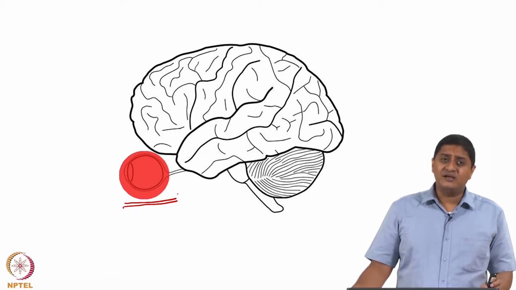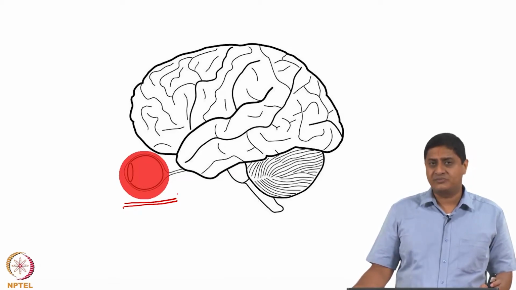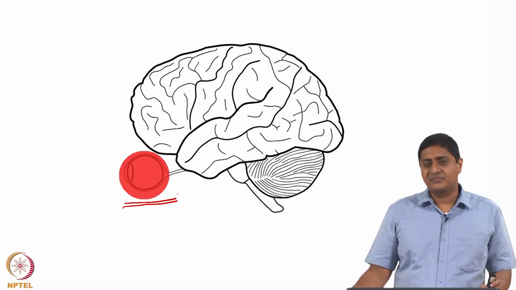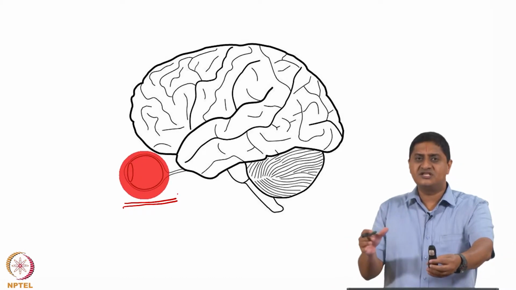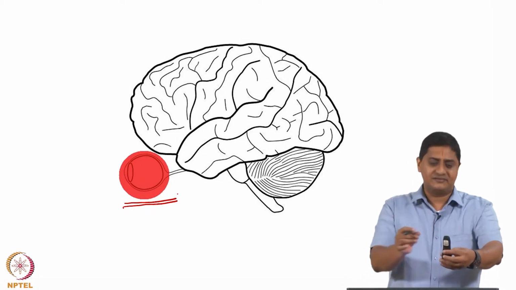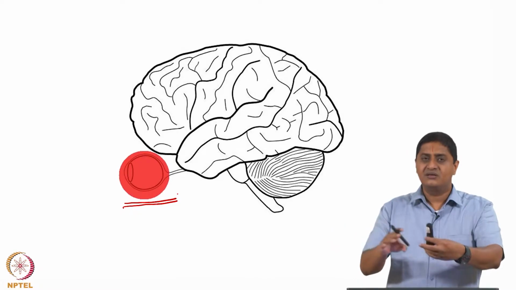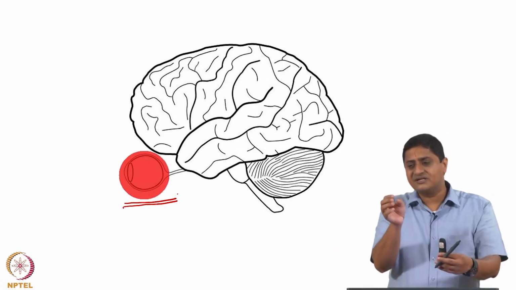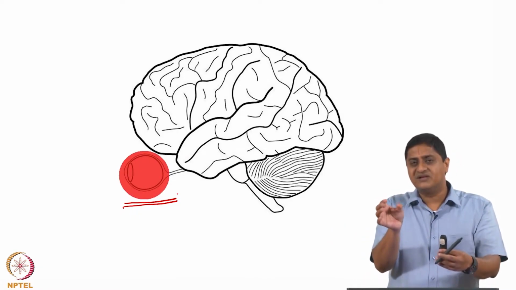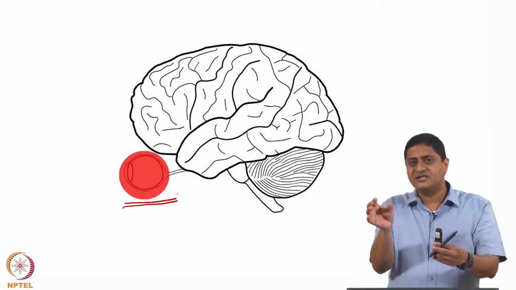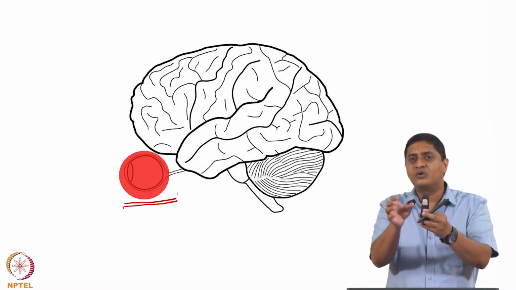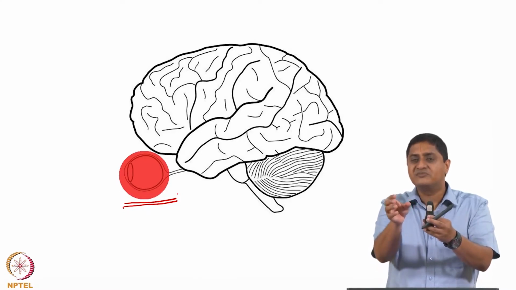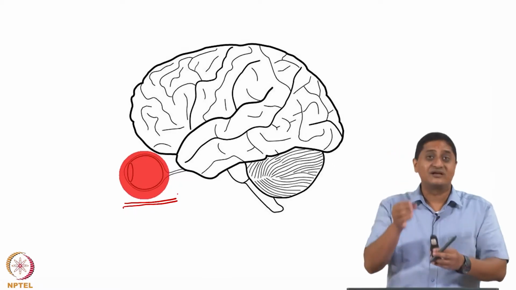Note, grasping by itself is not an independent action. For example, when there is an object that I have to grasp, reaching and grasping are coordinated. As I am reaching, the grip aperture, essentially the distance between the thumb and the fingers, increases as a function of the object size, and as I go closer to the object it becomes smaller, so that I can actually grasp and lift it.